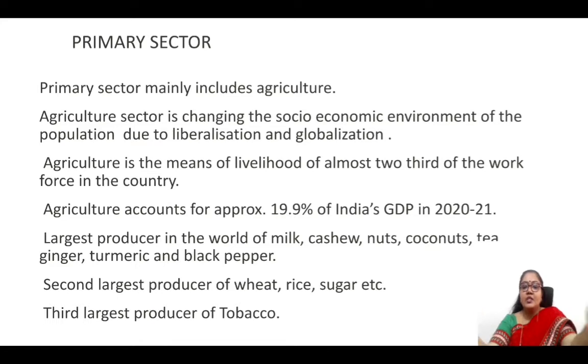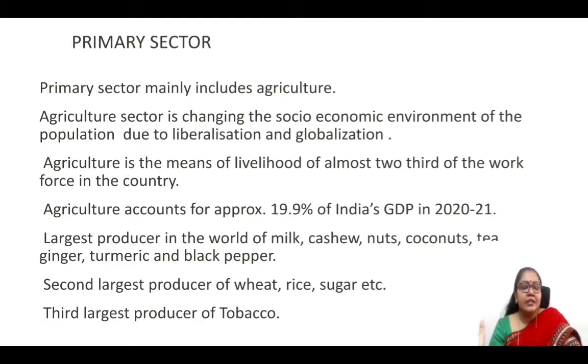You look into the production, the scale, the magnitude, we see that we are the largest producer of milk, cashew nuts, coconut, tea, ginger, black pepper, etc. Second largest in terms of production of wheat, rice, and sugar.